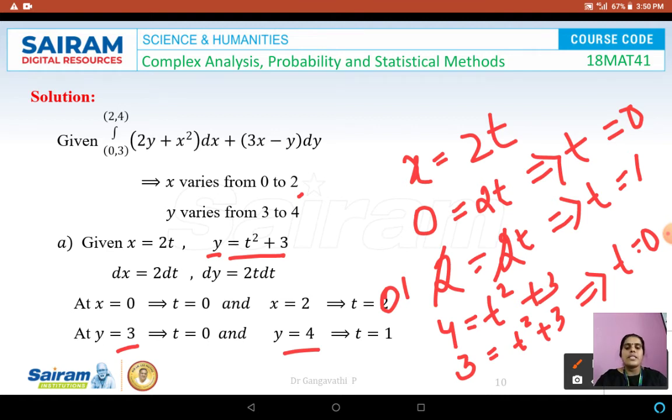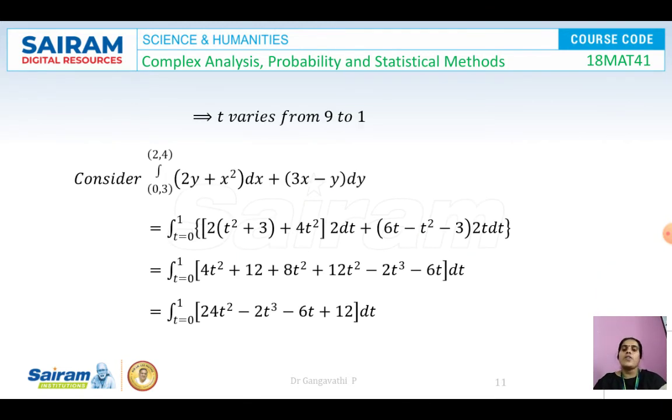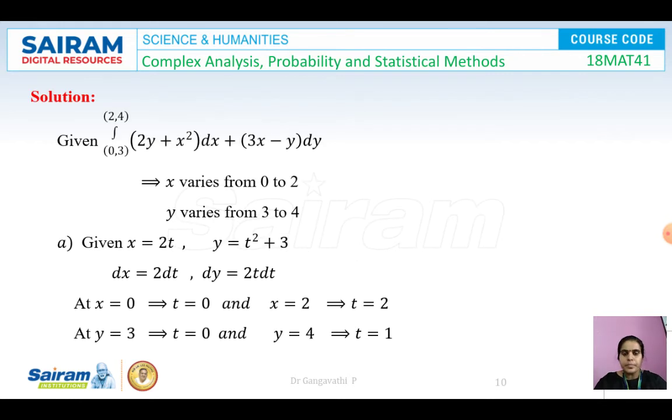Transfer the 3 towards this side. So we get t is equal to 1. So this is how we have to evaluate the limits with respect to the new substitution. So therefore t varies from 0 to 1.